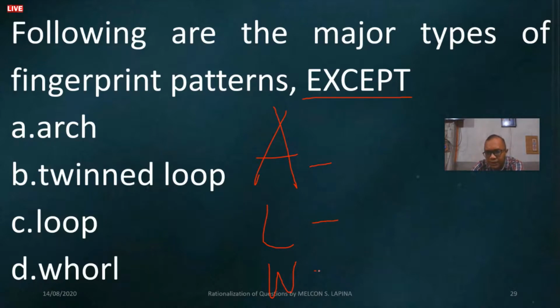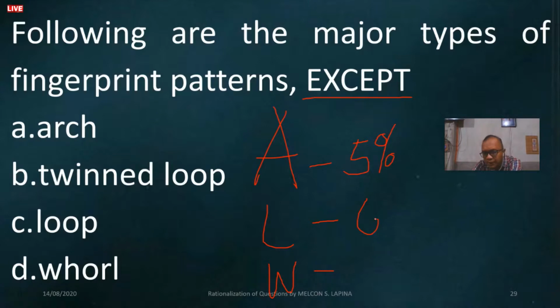Tinatanong din sa board exams ang percentage distribution nito in the world's population based again in the book of the FBI. So sabi ng FBI, this appears in about, meaning to say approximately, whichever will come near the 5%, that is for the arch.